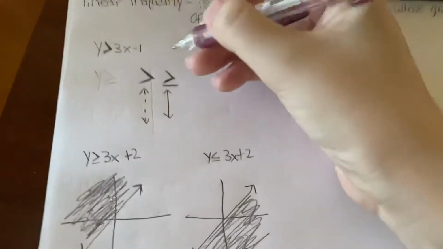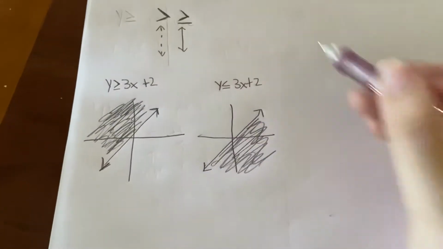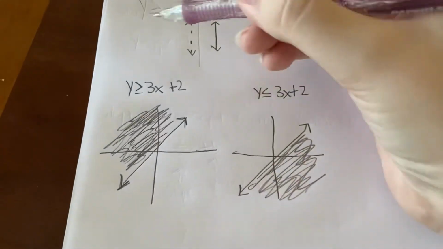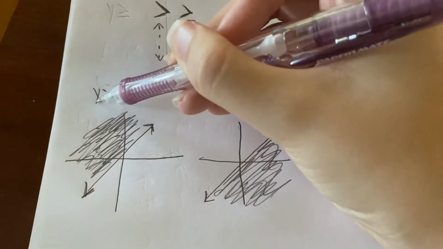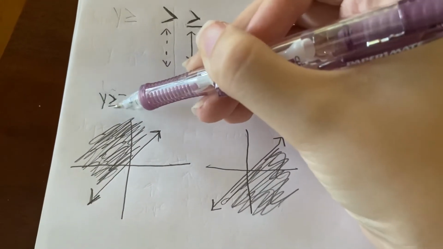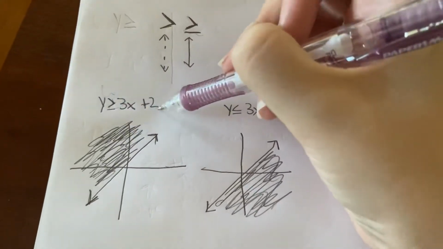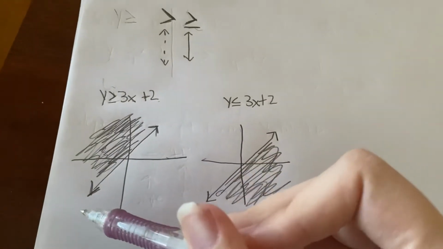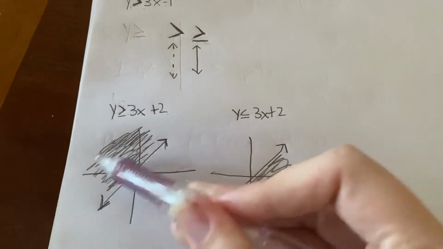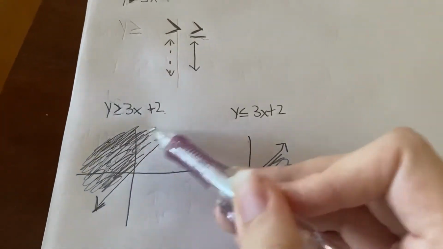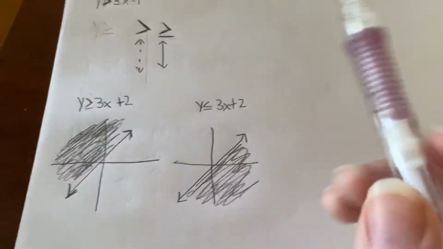Now, moving on into the shading since we're on the topic. If it is y is greater than or equal to 3x plus 2, you would have a solid line and you would shade up on top because y is greater.